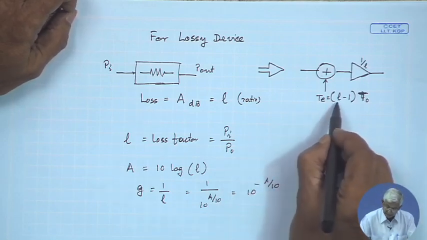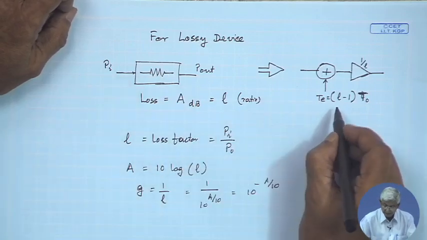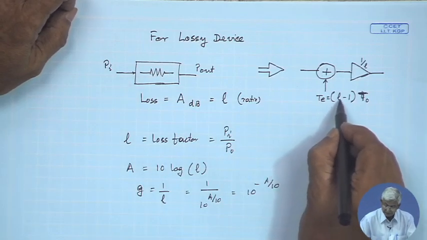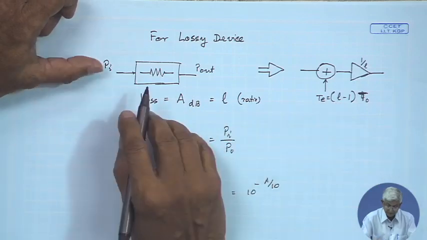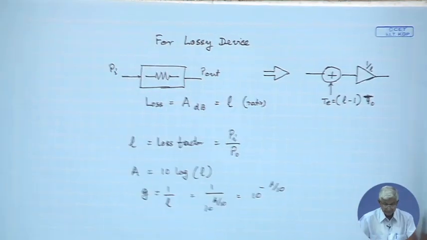And it is the same as the noise figure. In case of gain, with the gain of an active device, you have seen this was the noise figure, and in case of a lossy device, it is the loss in ratio. This you have to remember, because we will come across many places where there may be loss or gain.